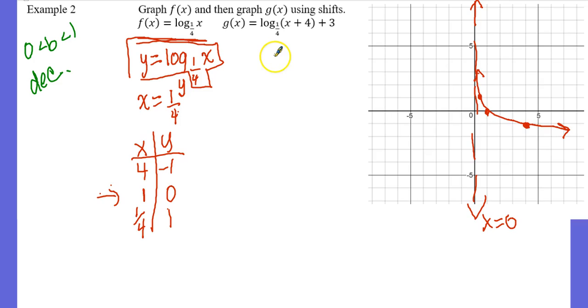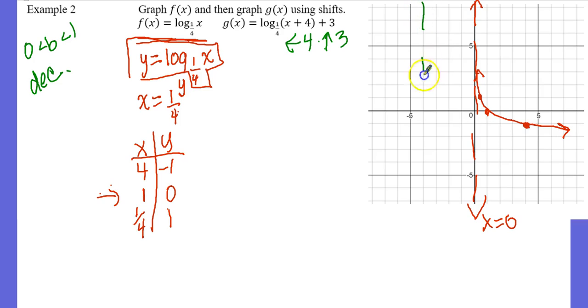Okay, shifting to green. Let's identify the shifts. Your horizontal shift is which direction? Left 4 and up 3. Okay, so left 4 and up 3. So the first thing I'm going to do is move my vertical asymptote. It has to shift with the graph.